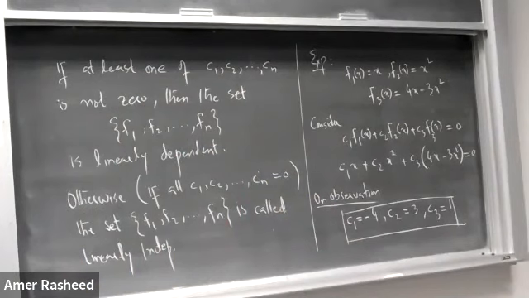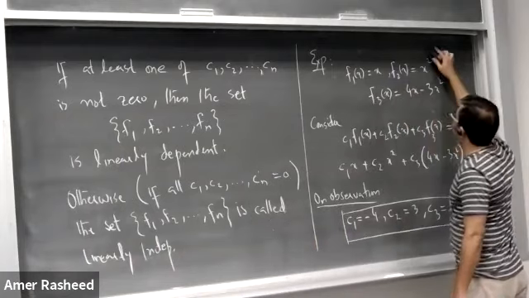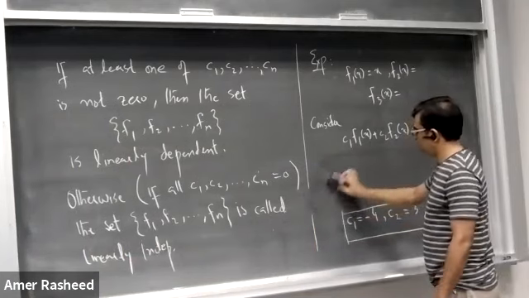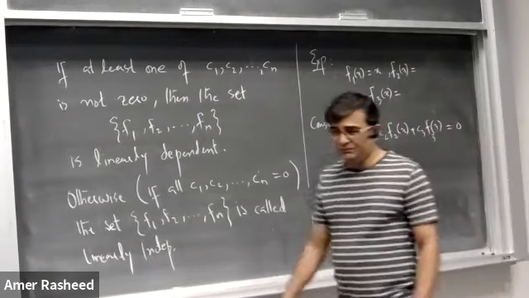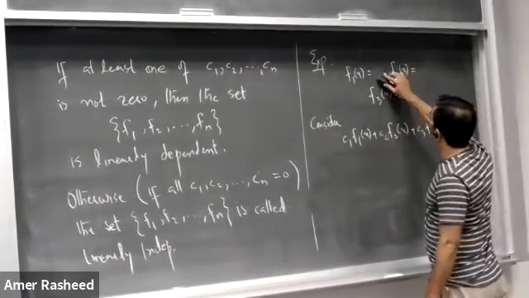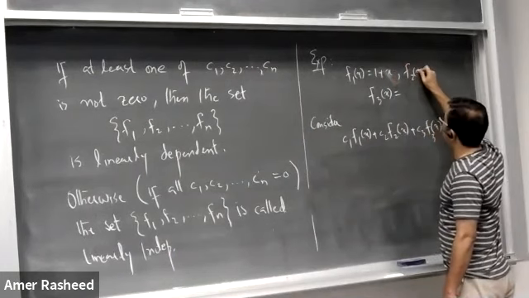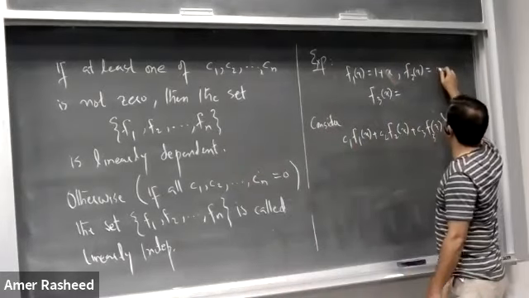Let us choose another example. Now I'm going to change the functions. F1 is 1 plus x, F2 is x, and F3 is x squared.